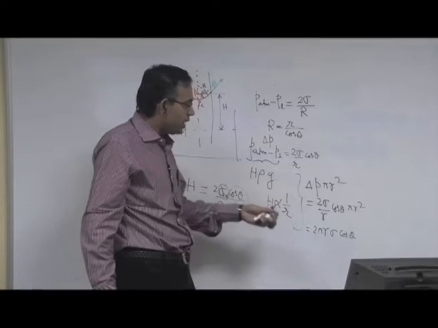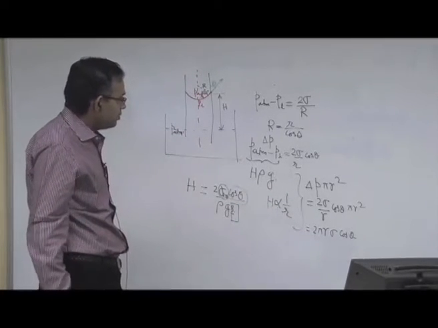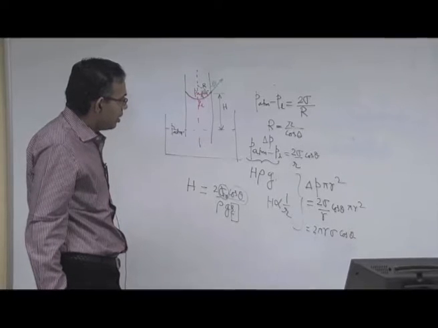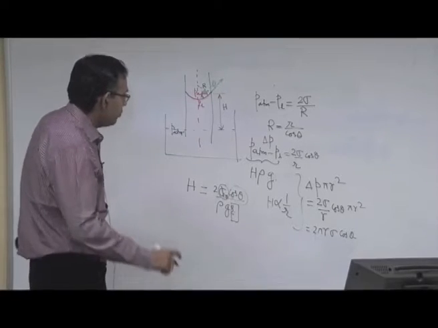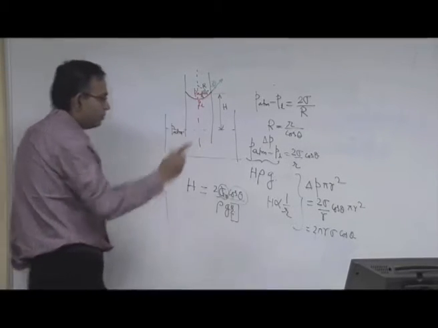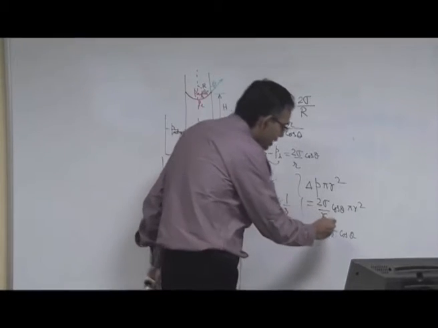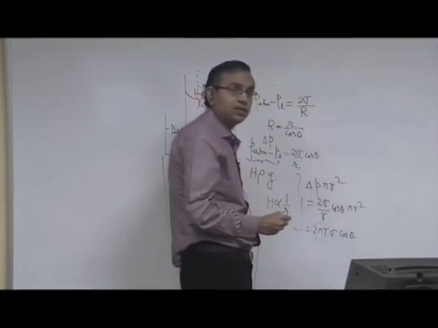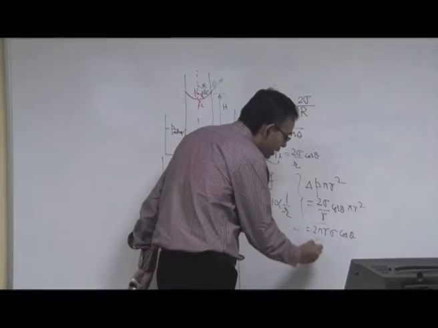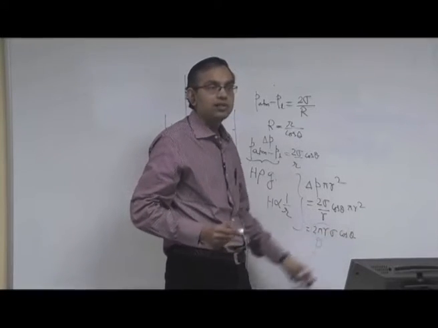This is 2 pi r sigma cos theta, and then we can interpret something from this. We can write the surface tension force as 2 pi r. 2 pi r is what? The perimeter of the surface, the perimeter into sigma into cos theta.